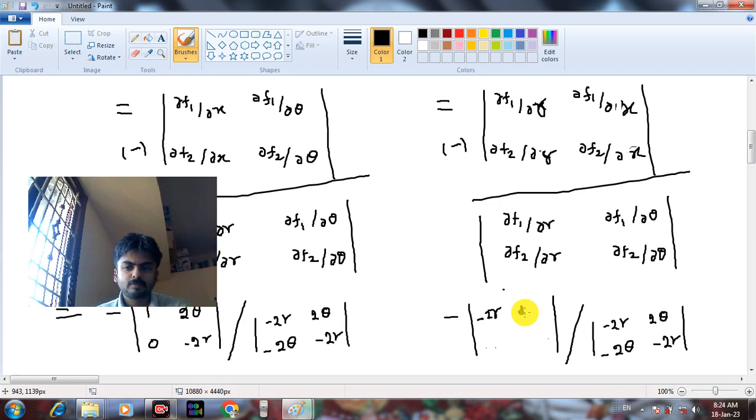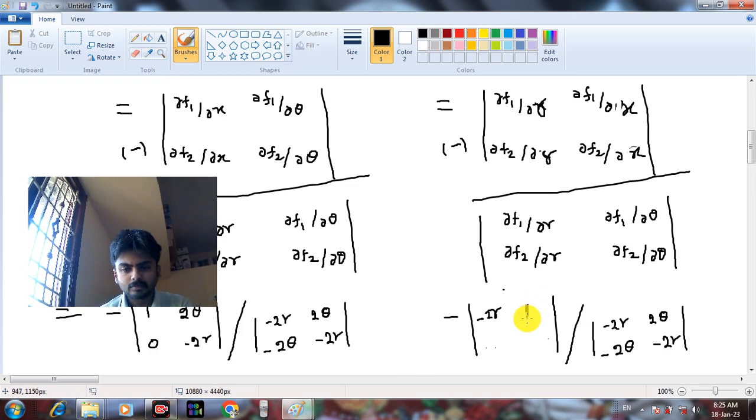Then we have dou theta by dou x. So we have written dou f1 by dou r, and dou f1 by dou x. Our f1 is x minus r square plus theta square, so with respect to x we will get only 1.